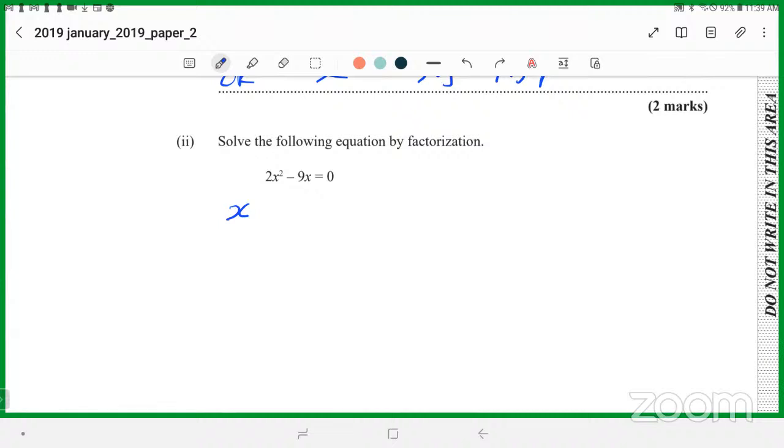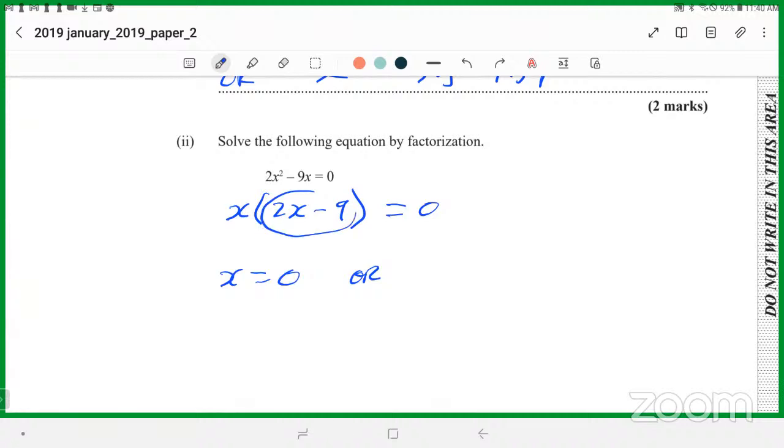You factorize the x, which is a common factor, and you have x(2x minus 9) equals 0. So it is either the x equal to 0 or this thing in the bracket equal to 0. When you multiply 2 numbers and the result is 0, then one or the other is 0. So either the x is equal to 0, or this is equal to 0, and we can just write the answer.